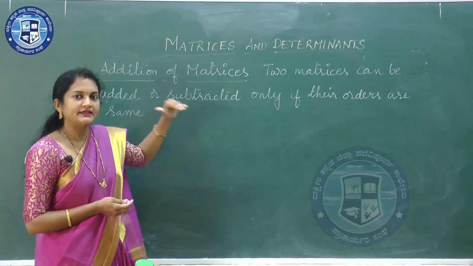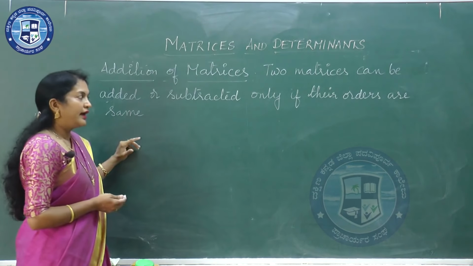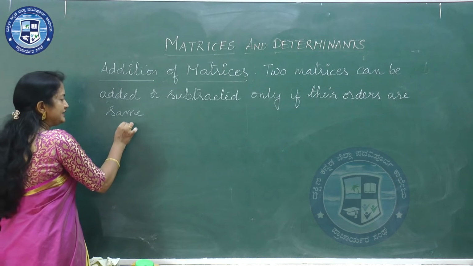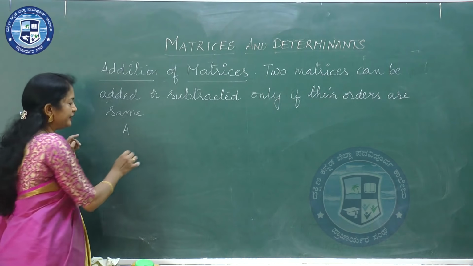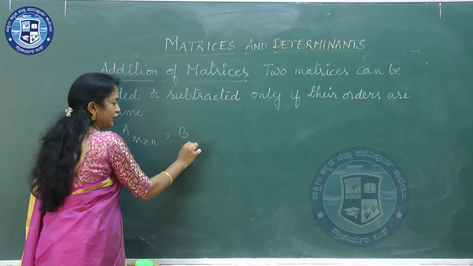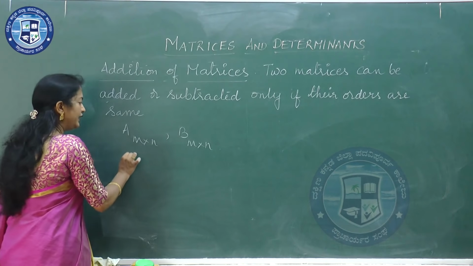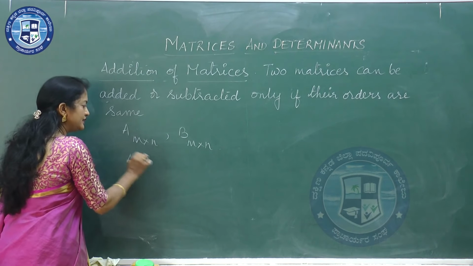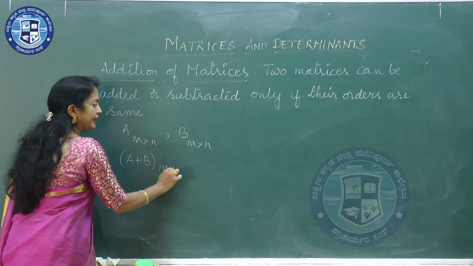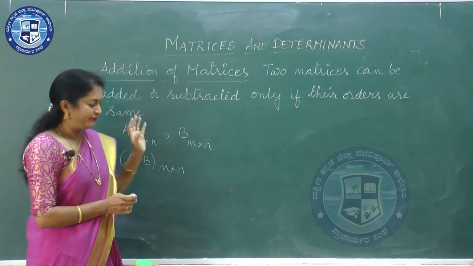Suppose A is a matrix of order m by n and B is a matrix of order m by n, then A plus B is a matrix of order m by n, which is the sum of these two matrices.